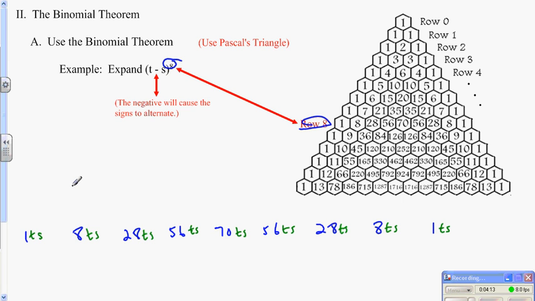And we have our powers. So the first variable is t, so that one starts at the highest power, 8, and decreases: 8, 7, 6, 5, 4, 3, 2, 1, 0. And the other one starts at 0 and increases.